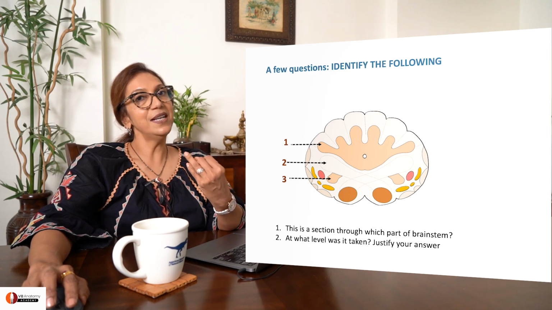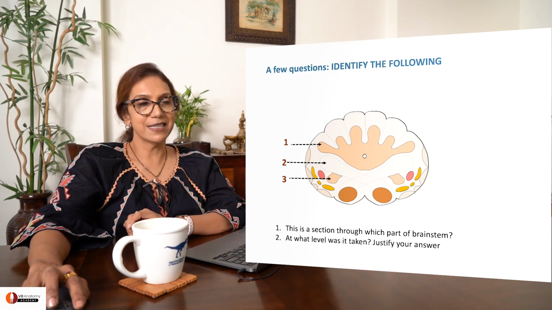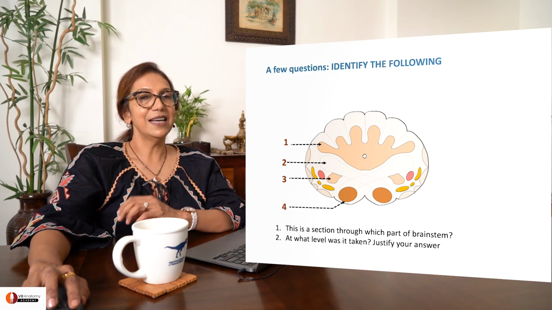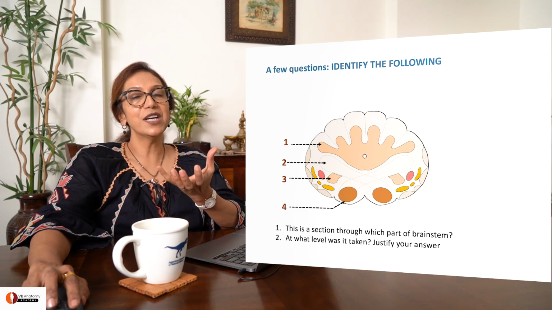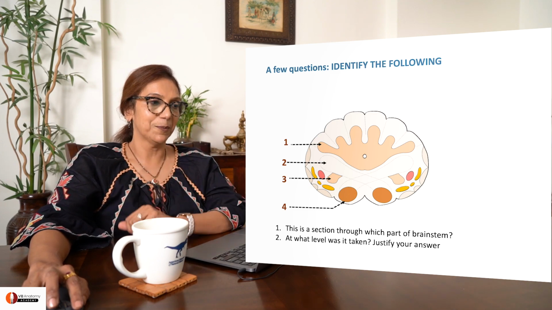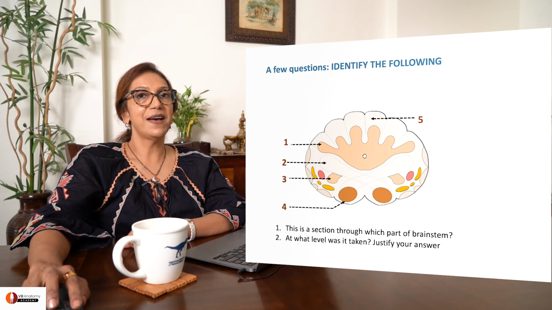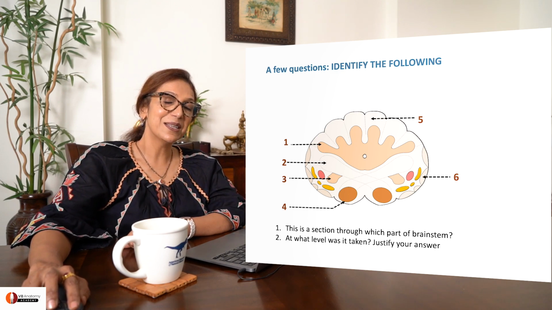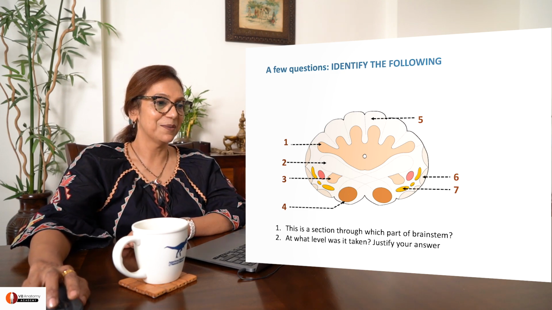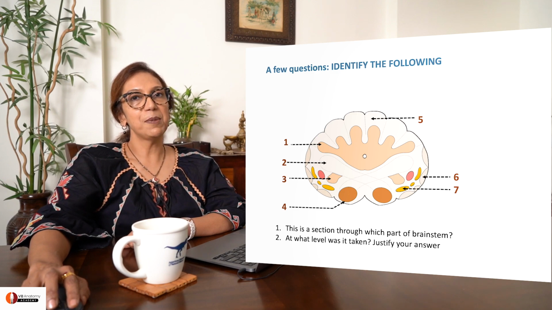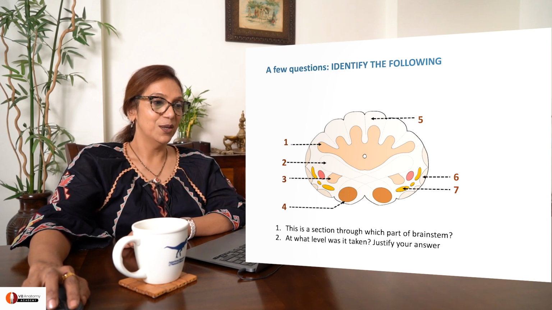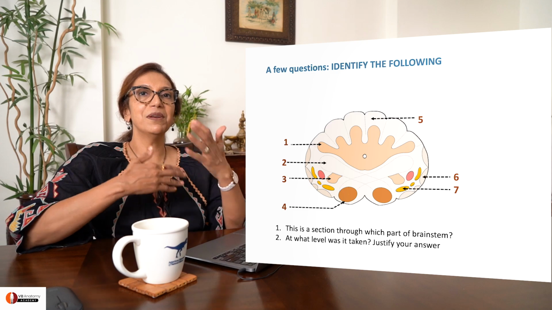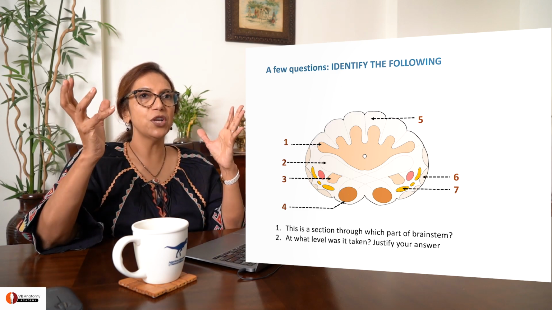Ventral root of C1 and rootlets of spinal accessory nerve. What is this? These are the fibers which are creating the swelling called pyramid. 5. Fasciculus gracilis. 6. Anterior spinocerebellar tract. 7. Anterior spinothalamic tract. Okay, so this is how you should keep revising to keep your brain sharp and you keep these tracks in place.